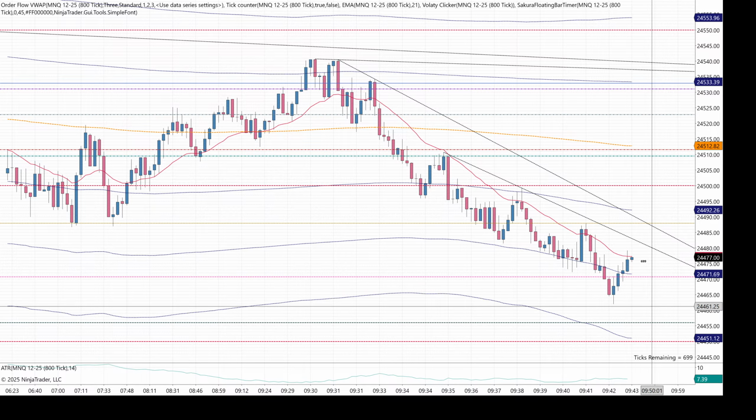Okay, we'll draw this upward trend line. This did trigger higher, but we have a lot of trend lines above us. It could work, but it's just not a trade that I would take.